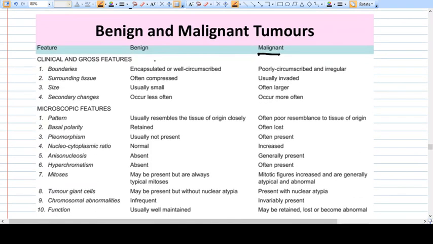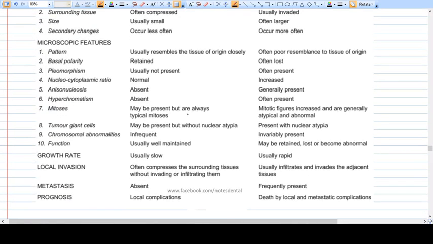The size of the benign tumor is small, while the malignant is always larger. Basal polarity is retained in the benign tumor, while it is lost in the malignant tumor. Pleomorphism is not present in benign, but it is present in malignant. Nucleocytoplasmic ratio is normal here, increased there. Anisonucleosis is present only in malignant tumors.